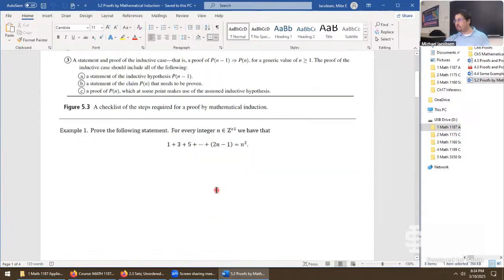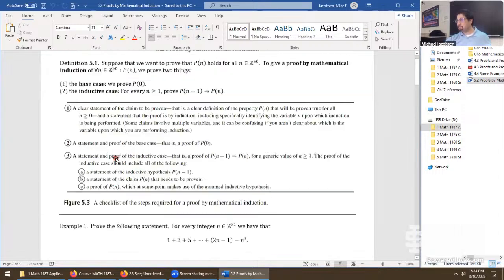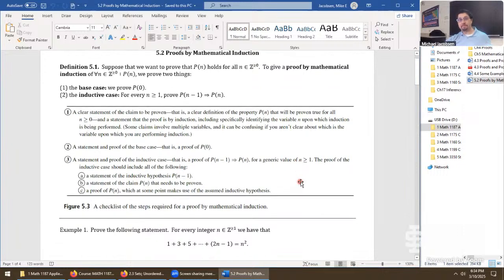And so another way to view this is from a whole different textbook, from this book, 4th edition, is when you're doing a proof by induction, it's some kind of proof machine really that you're working on. This kind of view is really pretty helpful because it says schematically, what in the world are you actually doing in a proof by induction? But looking at all this is really very vague until we prove our very first statement through induction. So that's our goal.